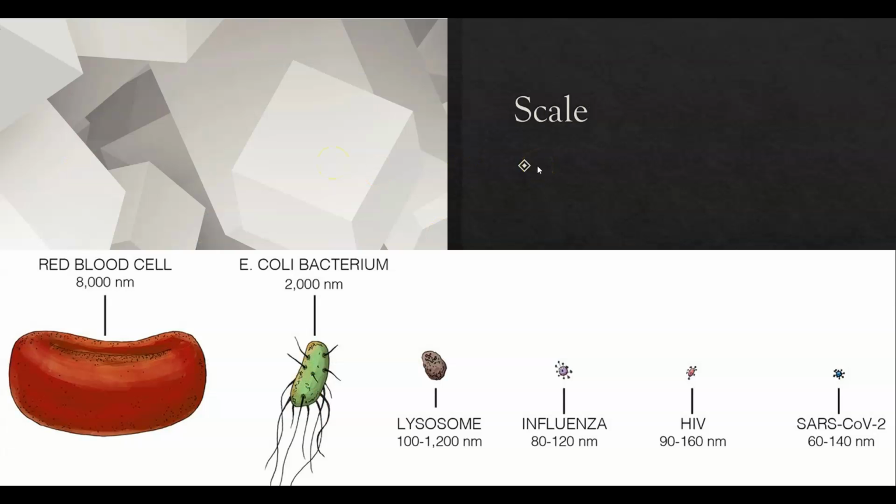The biggest visual difference between a cell and a virus is the size. And we're going to refer to that as scale. So the scale of a virus is going to be a lot smaller than the scale of a cell. In this picture, there is a red blood cell and a bacterium.